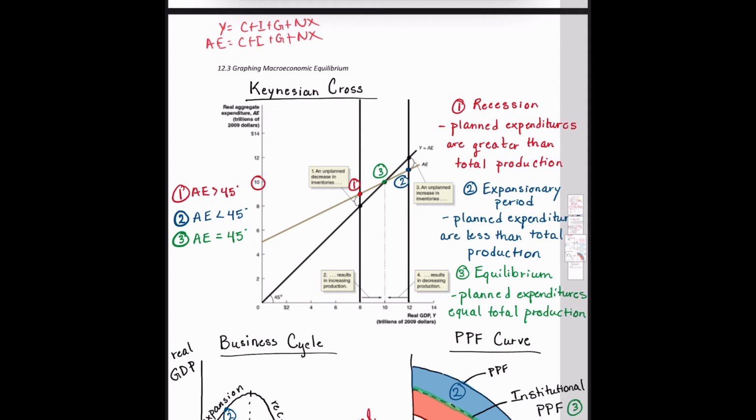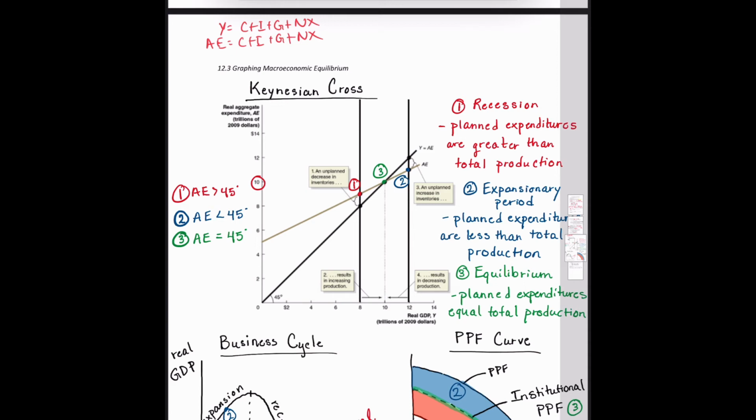The 45-degree line is where Y equals AE, where GDP equals aggregate expenditure. So anywhere on the 45-degree line, it's going to be macroeconomic equilibrium. And then we have our aggregate expenditure line, which is made up of consumption, investment, government expenditures, and net exports.